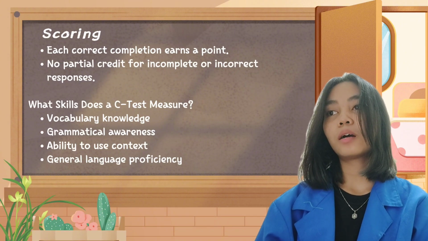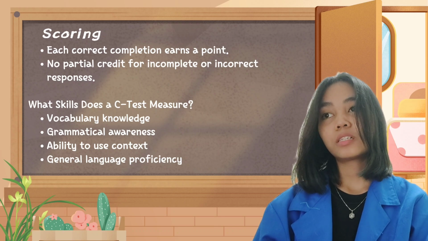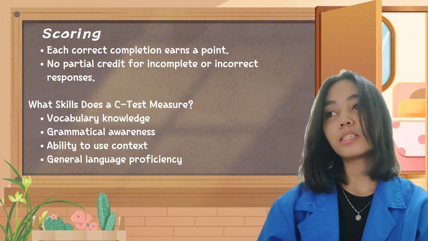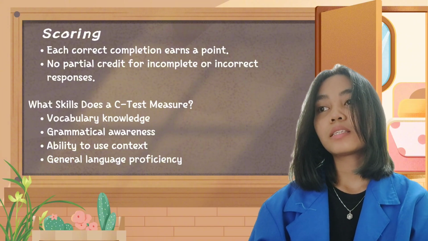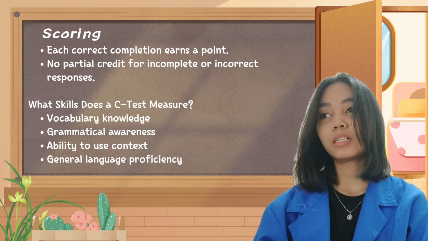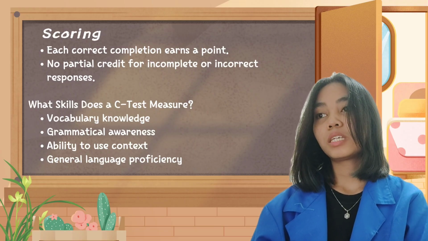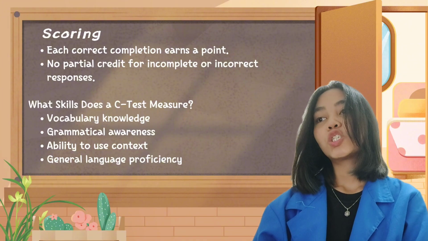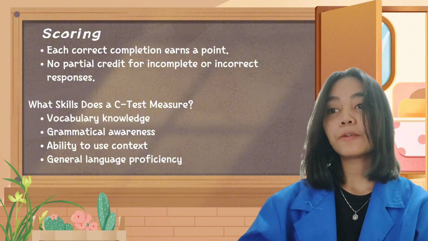Scoring: each correct completion earns a point. No partial credit for incomplete or incorrect responses. So what skills does a C-test measure? There is vocabulary knowledge, grammatical awareness, ability to use context, and general language proficiency.